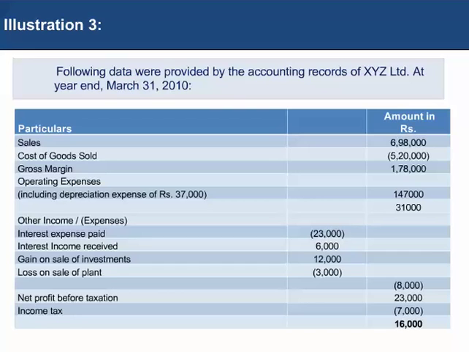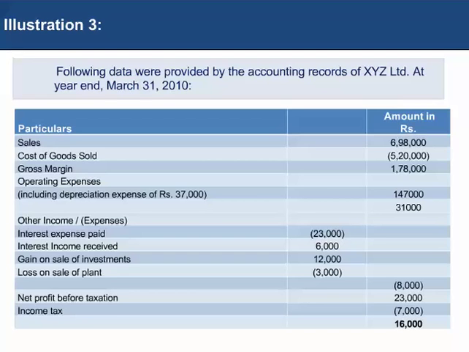Other income and expenses given in the question are interest expense paid 23,000, interest income received 6,000, gain on sale of investments 12,000, and finally loss on sale of plant 3,000.